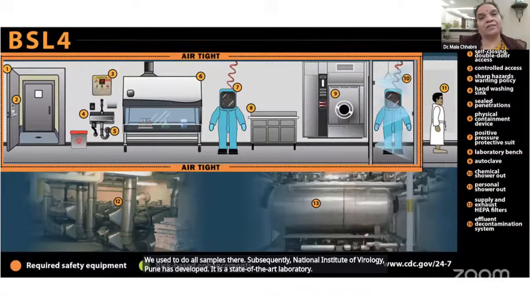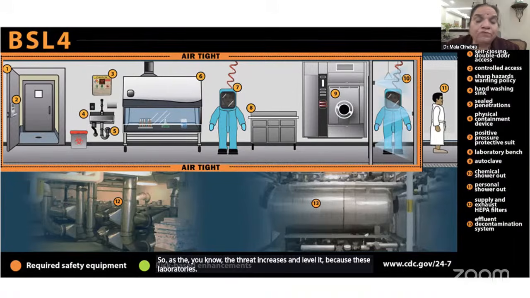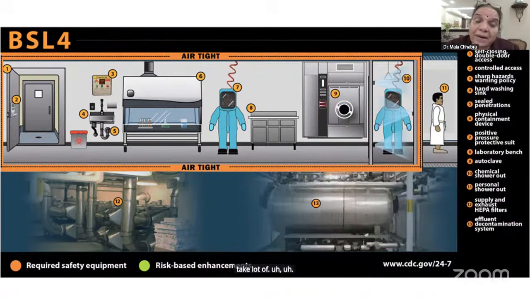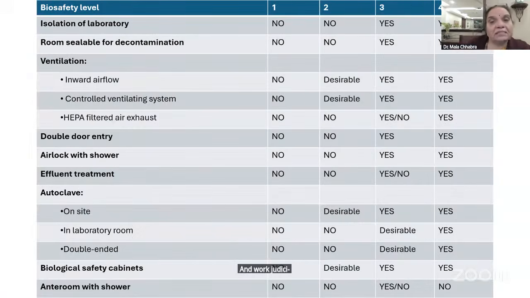It is an ICMR laboratory, but it handles both human and animal samples. As the threat increases and the level rises, these laboratories take a lot of cost for maintenance, so we have to share the resources and work judiciously in these laboratories.